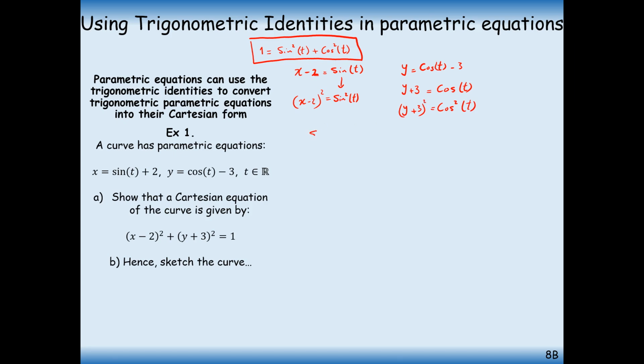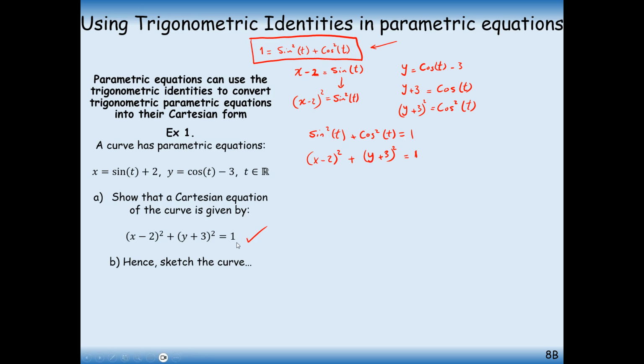Now, putting sine squared of t plus cos squared of t equal to 1, we can write x minus 2 squared plus y plus 3 squared equals 1, and that is exactly this equation here. So we found that using this famous trigonometric identity.